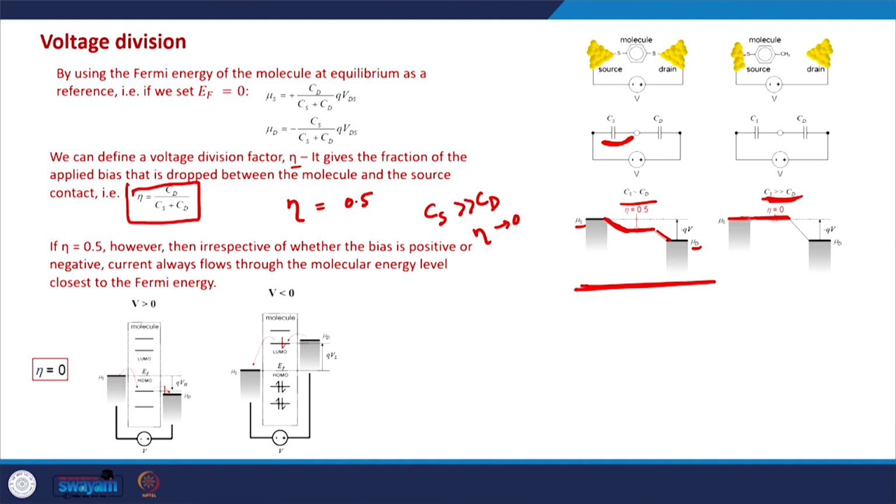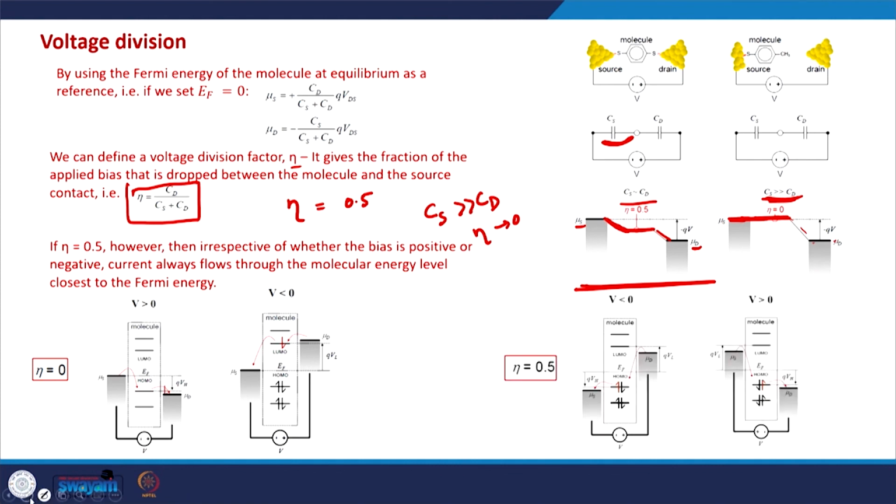So the voltage will not drop across the source-molecule interface; almost all the voltage will drop across the molecule-drain interface. And in both of these scenarios, we can understand the electron transfer across the devices.